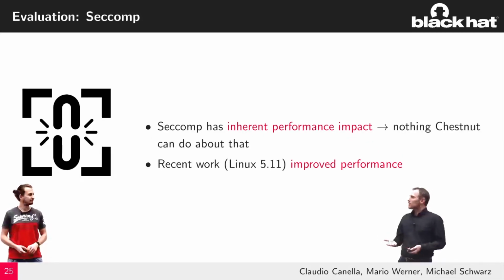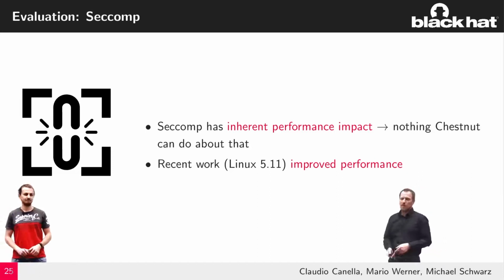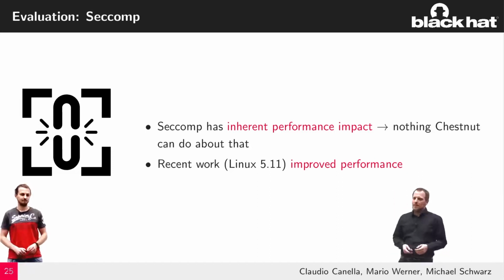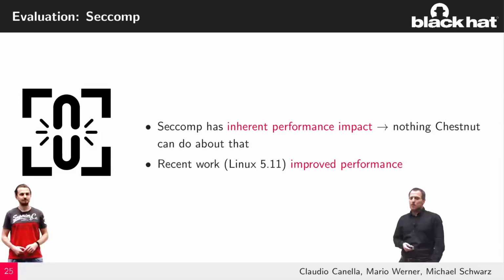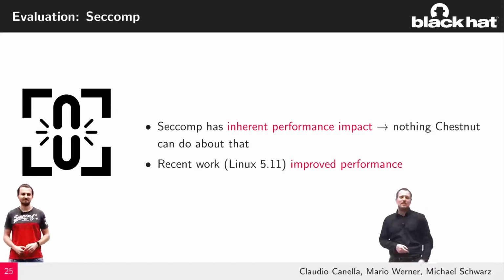All we discussed up until now is basically overhead which we have at compile time or in a pre-processing step before we actually launch the application. But there is other overhead as well, which we should at least mention, in terms of runtime. Chestnut itself doesn't add anything in regards of overhead during execution, but we still use SecComp, and SecComp is not the fastest, if we are completely honest.